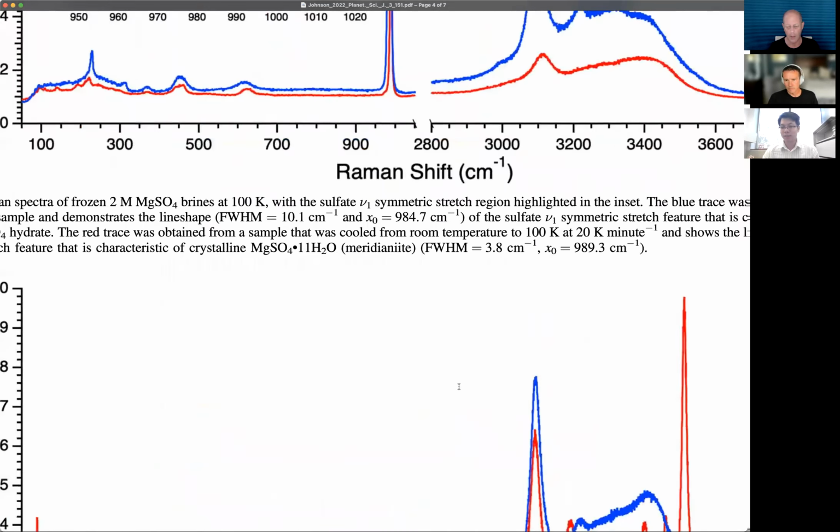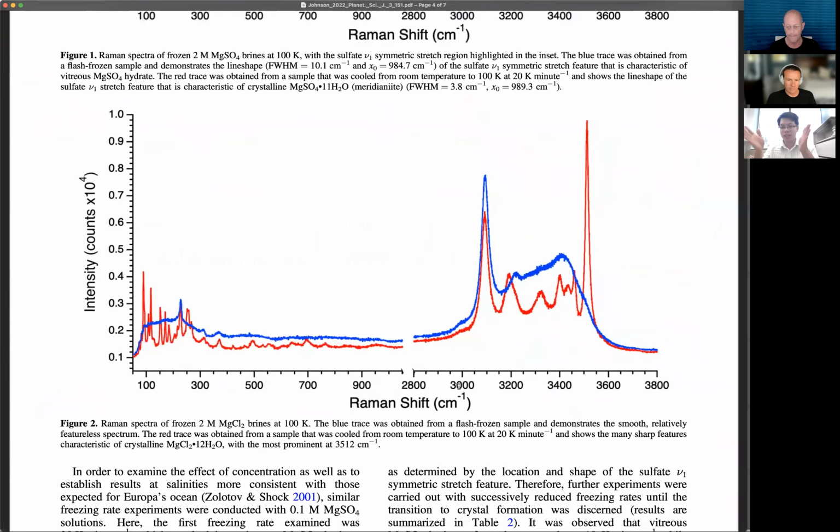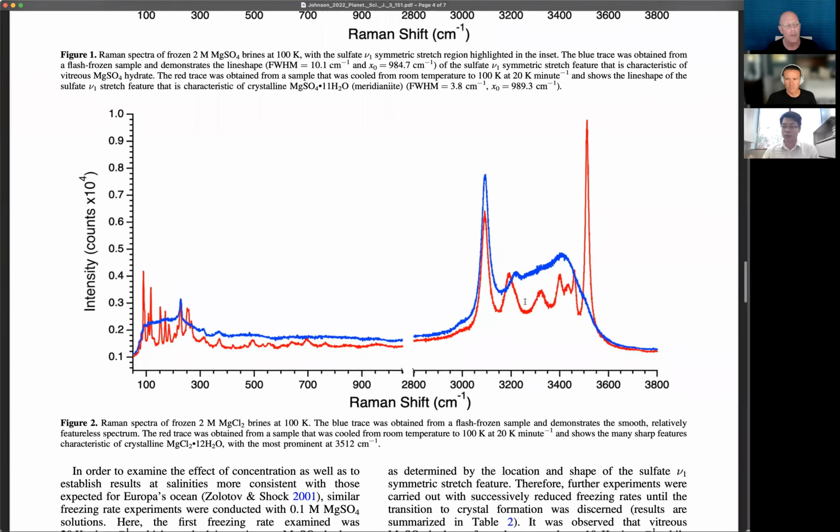As I mentioned before, this region is water ice. Yes. And so you can see the sharp spikes in the red one. Those are the perturbation of the chloride ions onto the water, which gives you those interesting peaks. This is how we can tell that magnesium chloride in this case is crystalline.